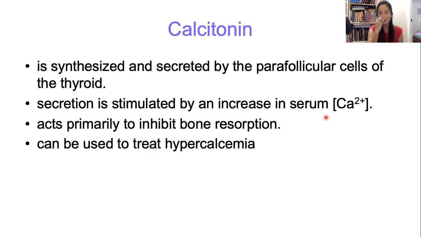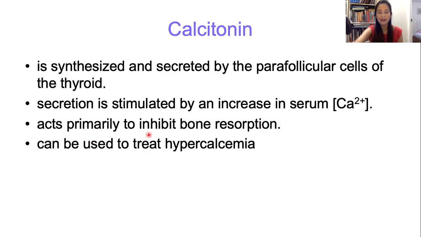But your calcitonin, especially calcitonin from salmon, has been utilized as a medicine to help lower serum calcium in patients with very high calcium levels or those with hypercalcemia.